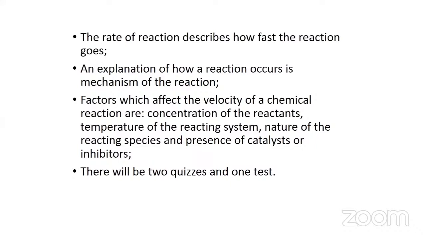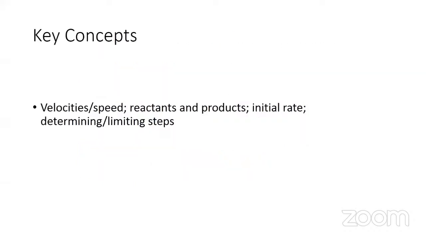A process is like an elementary step. When you add them together, what you get is what we call the balanced chemical equation, or the stoichiometry of the reaction. What gives you the stoichiometry of the reaction is the summation of the elementary steps. When you're giving account of that, you're talking about the way the reaction is occurring, which is the mechanism.